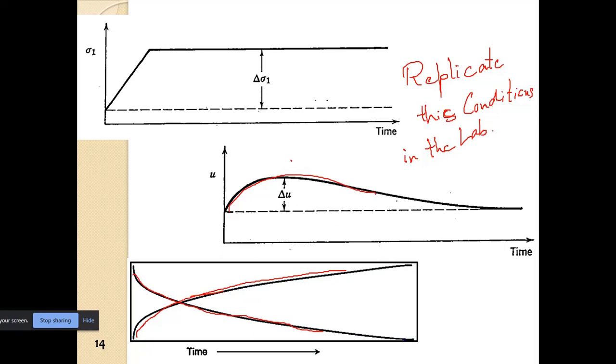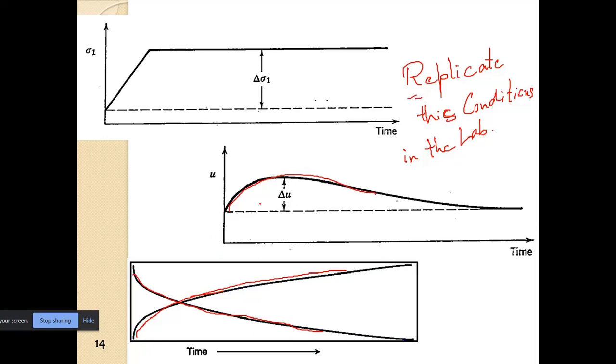All right, so when we apply a load, there will be an increase in pore water pressure, and then gradually the pore water pressure will dissipate, and there will be an increase in the effective stress in the soil, and there will be consolidation within the soil. So we need to replicate this.